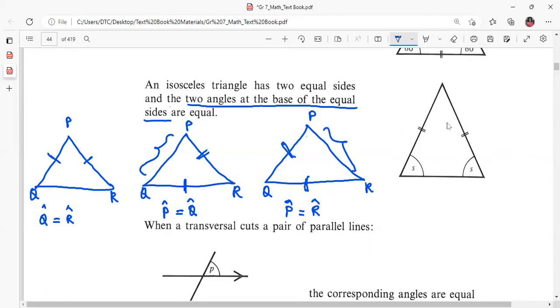If you take these two sides, this will be the base. Therefore, here Q and R are equal. Right, I'll take a different color. So here Q and R are equal. Here P and Q are equal. And here P and R are equal.